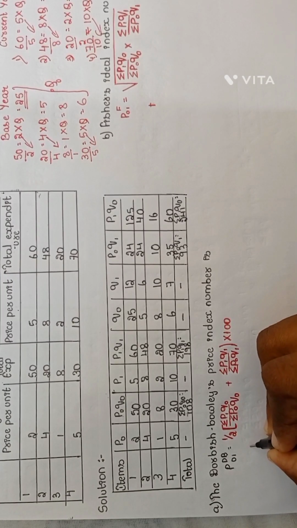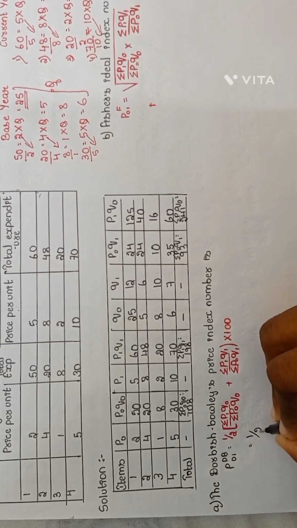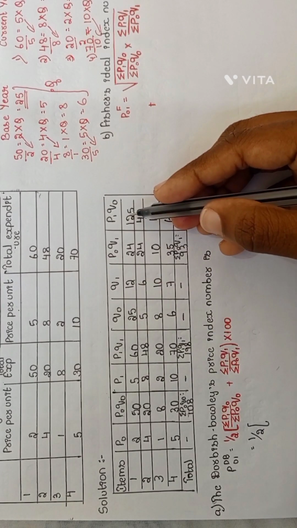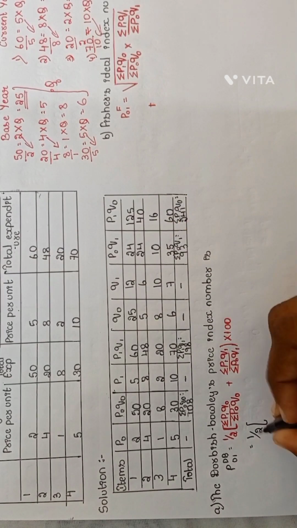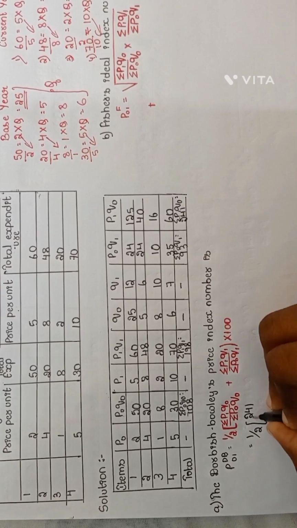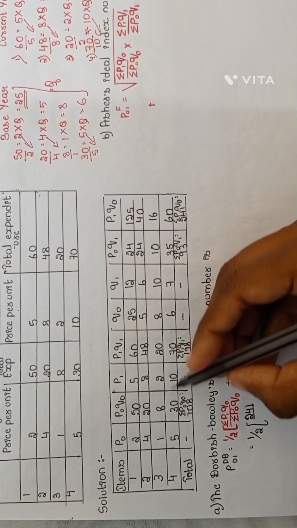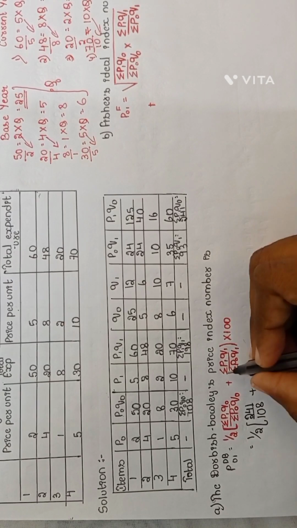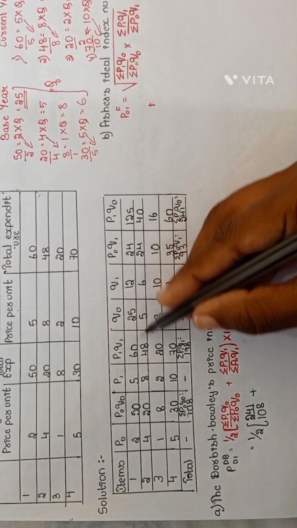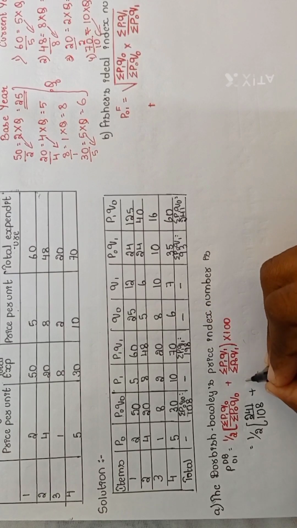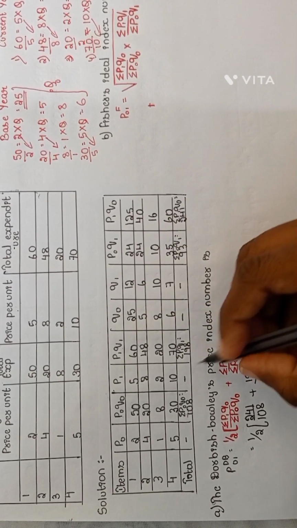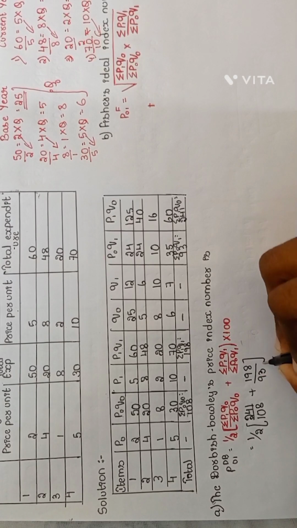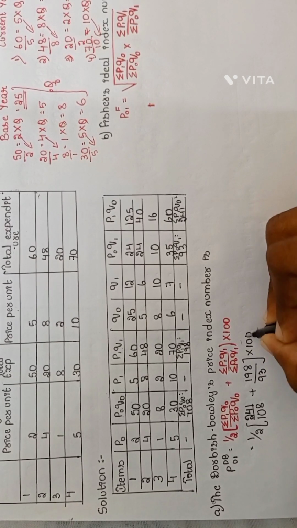So let me compute the values. 1 divided by 2 into summation P1 Q0 value, which is 241, divided by summation P0 Q0 value, which is 108, plus summation P1 Q1 value, which is 198, divided by summation P0 Q1 value, which is 93, into 100.